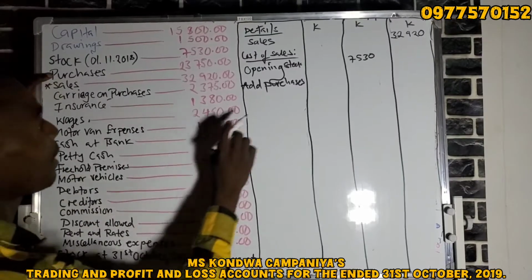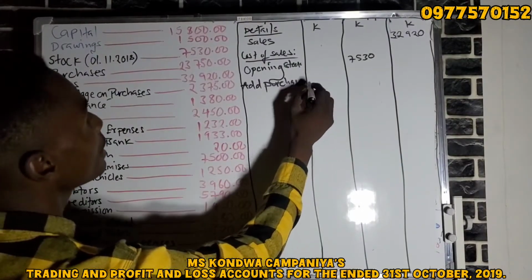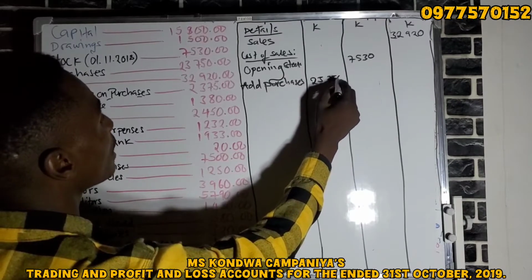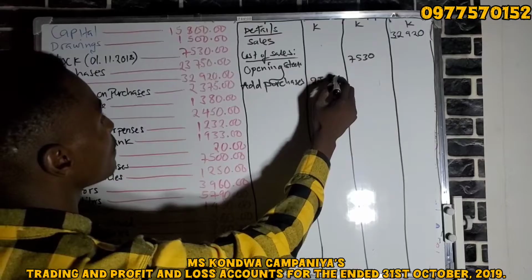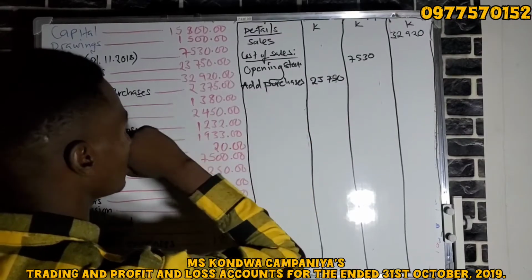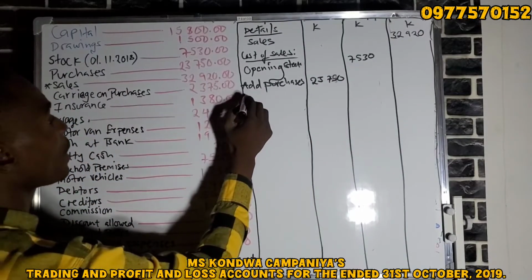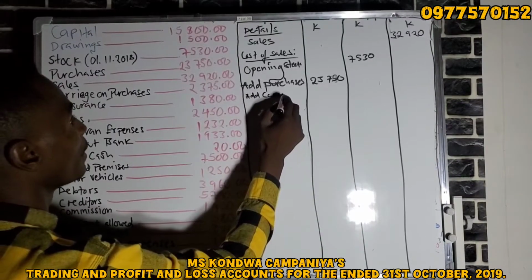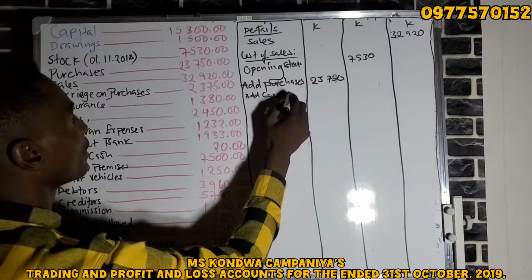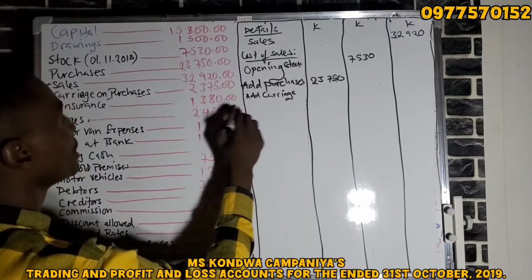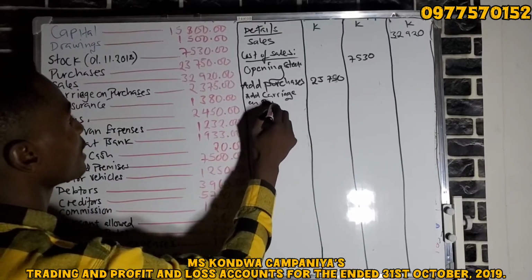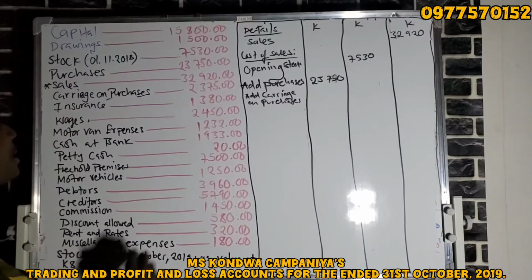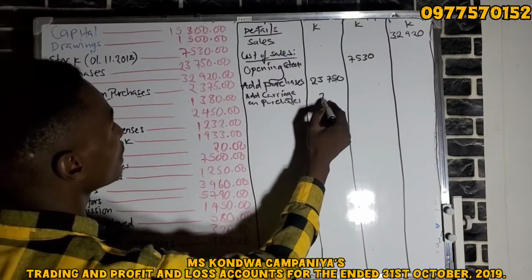The purchases amount will come in the first column here as 23,750. Then we're going to add carriage inwards, carriage on purchases as it is written in this question. Carriage on purchases is how much? 2,375.